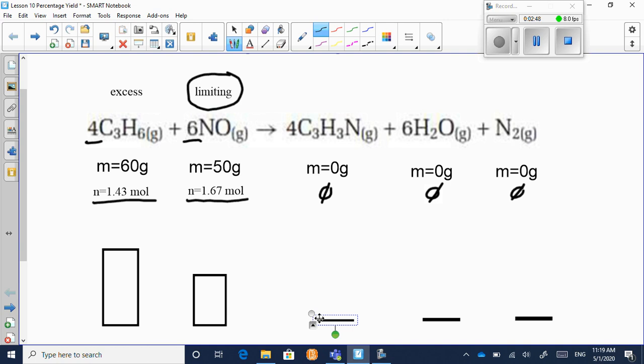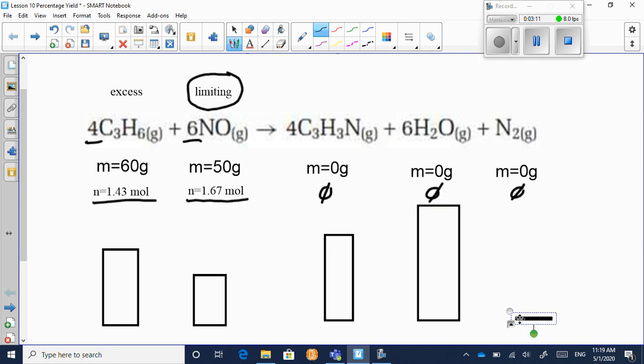But at the same time, these bars over here are growing. So you can picture in your mind that those bars are starting to grow, okay? Basically, as you start making the products. So this bar is growing. Sure enough, this bar is growing.